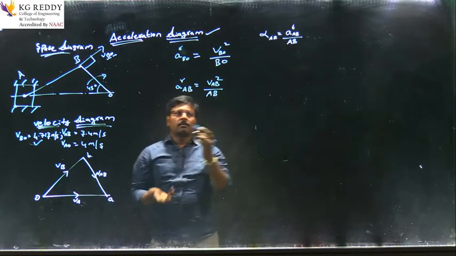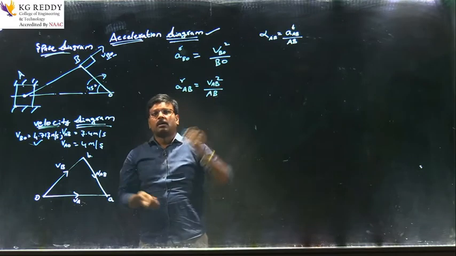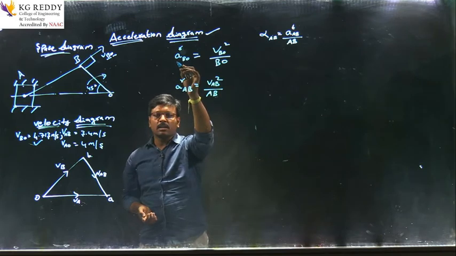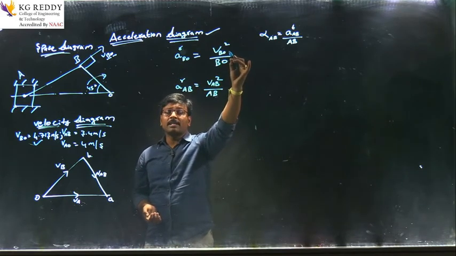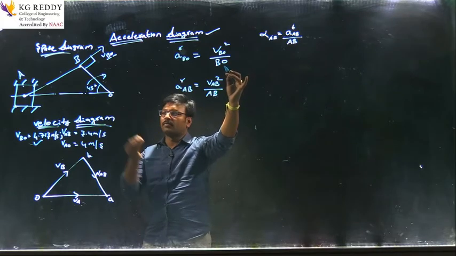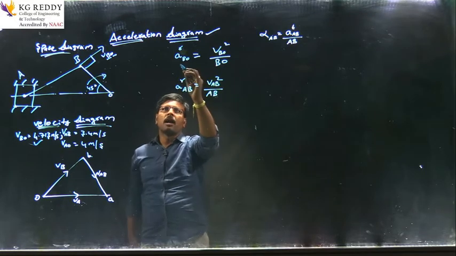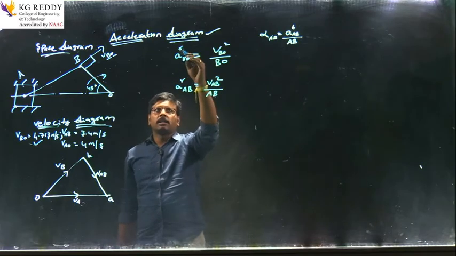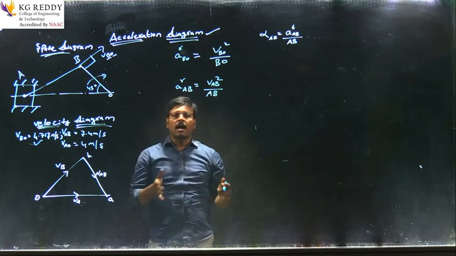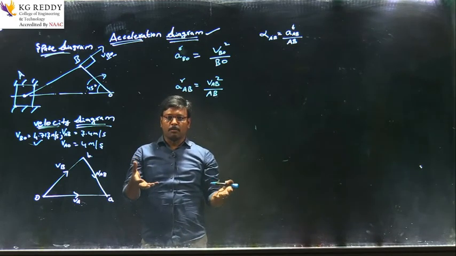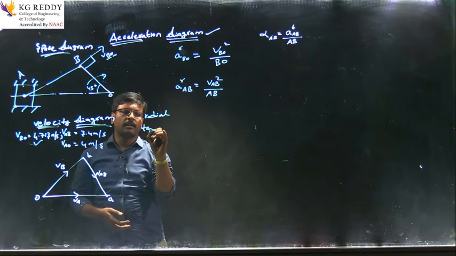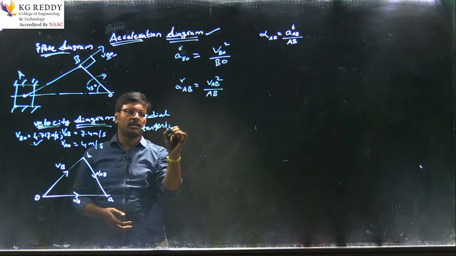For that we need a formula for acceleration in terms of linear velocity. Here the linear acceleration is v square by radius. The radius is nothing but the length of the particular link, here r. The acceleration has two components: one is the radial component and the other is the tangential component.